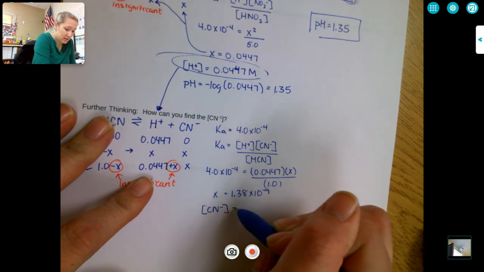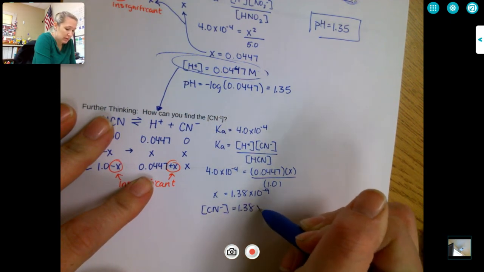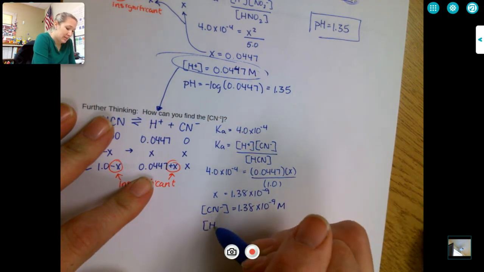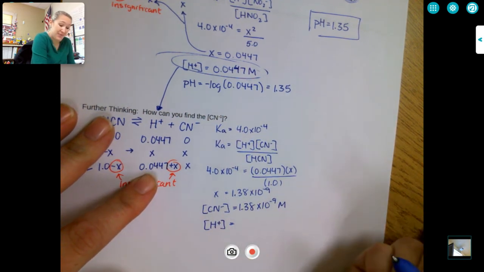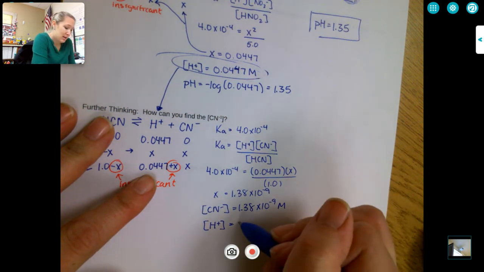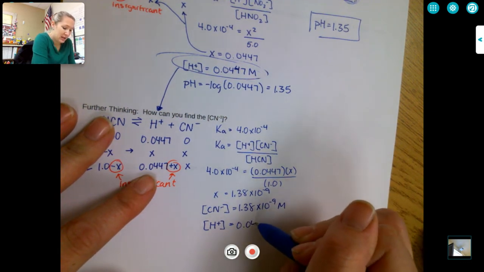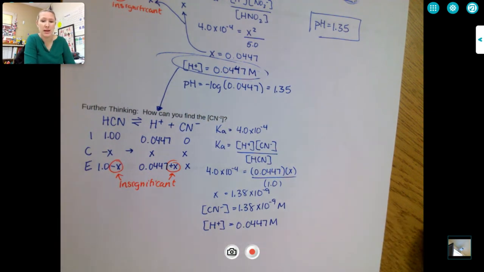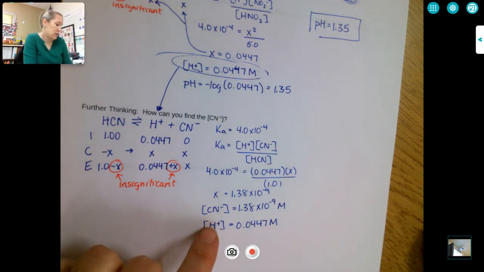So that means my concentration of cyanide ions is super small, times 10 to the negative 9 molar, and my hydrogen ion concentration is really the same, because I don't have a significant contribution of hydrogen ions from my hydrocyanic acid. So it stays the same.